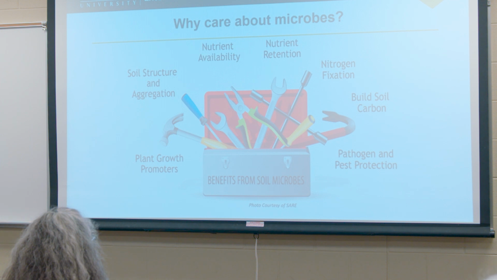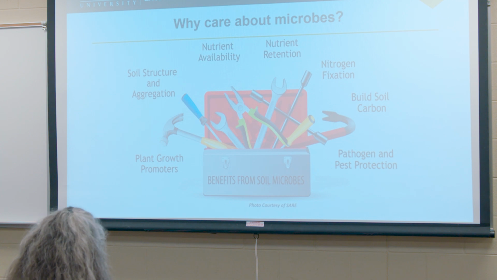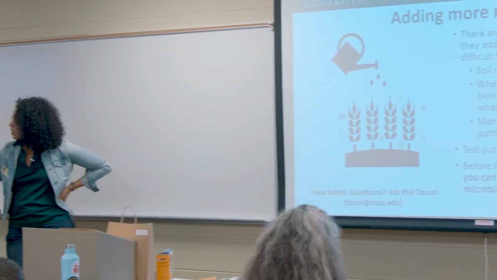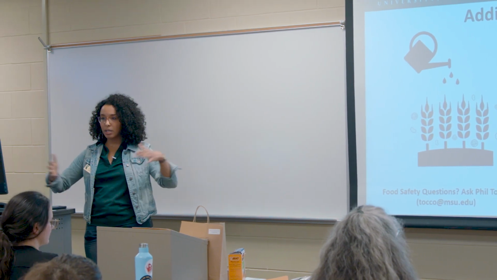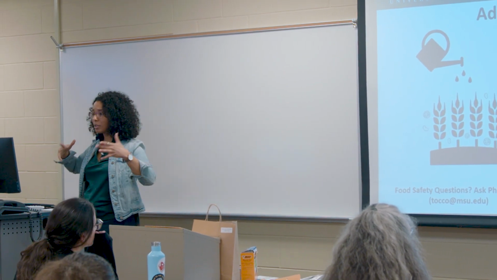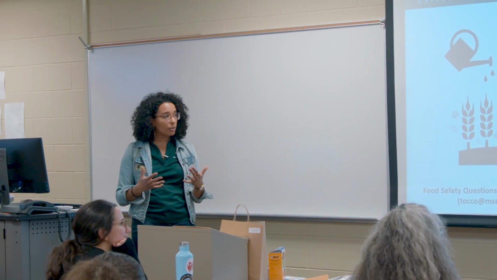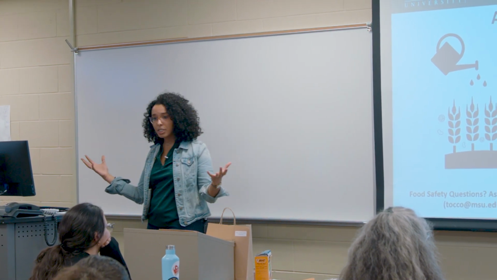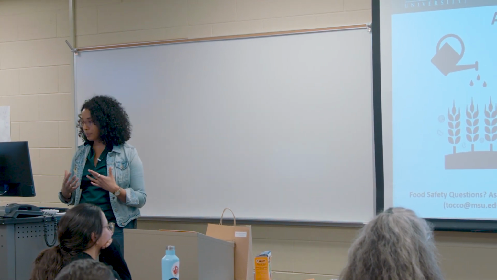So the more diverse your community is, the more ability it has to compete with those pathogens, with those pests, and that's a huge benefit. So adding more microbes, what's the thing about this? Well, the science is still pretty new, right? And it's something to try out on your property if you're interested, but there are some things to think about.